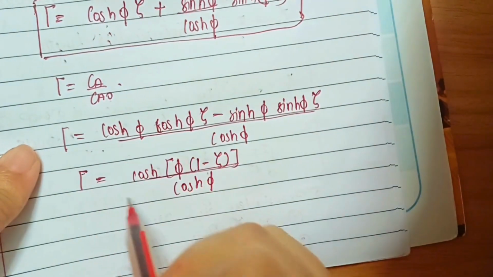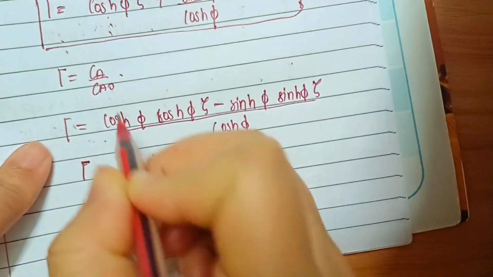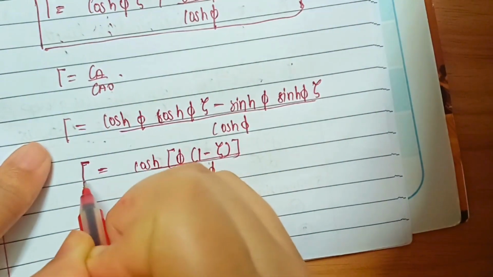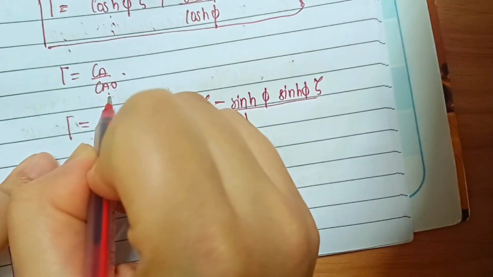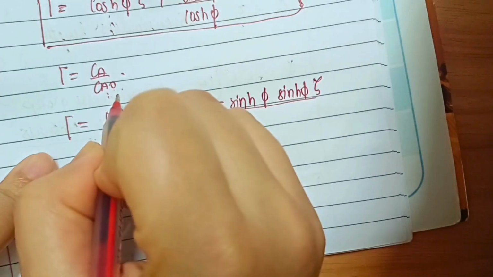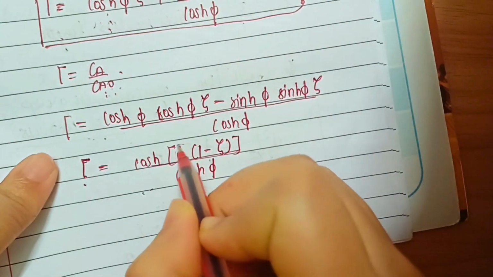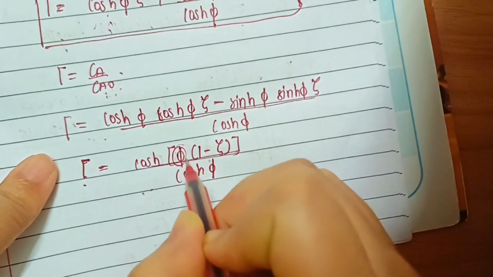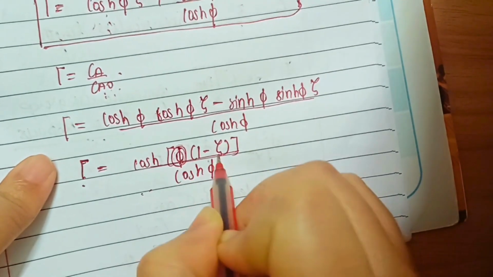So now here is the simplified form. We can put the definition of gamma as Ca upon Ca naught, that is the dimensionless concentration, and also we can put the value of this phi, that is Taylor modulus, and zeta.